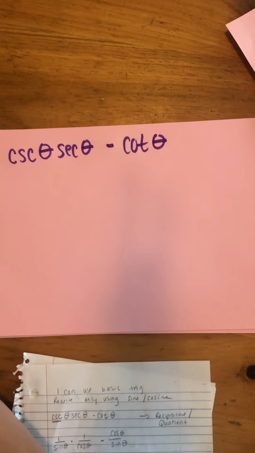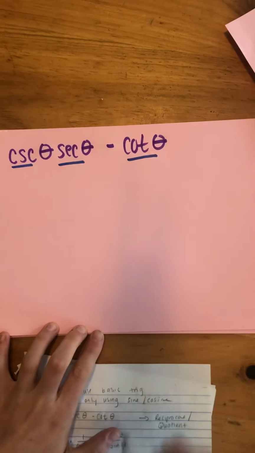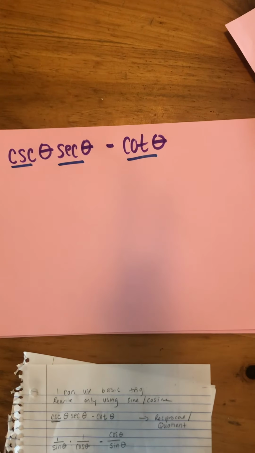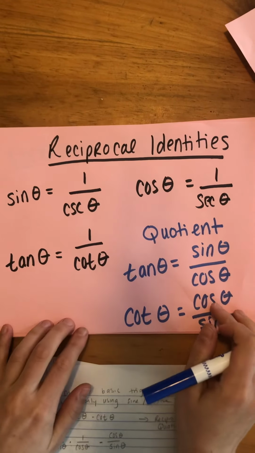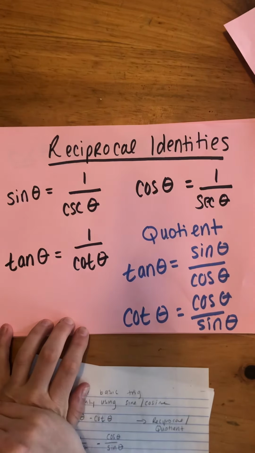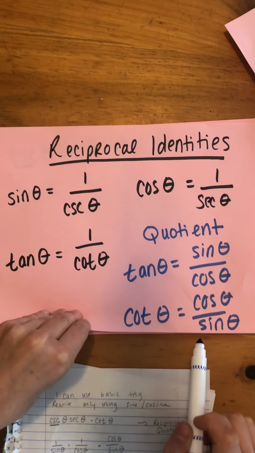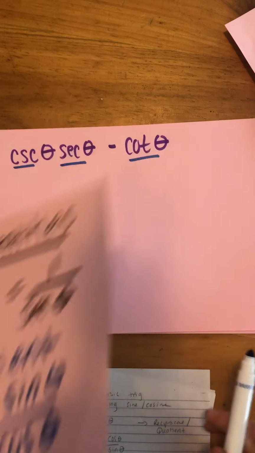All right, well, the first thing we have to do is realize how cosecant, secant, and cotangent are related to sine and cosine. In this case, we're going to use our reciprocal identities and our quotient identities. We know that cosecant and sine are reciprocals, secant and cosine are reciprocals, and cotangent is cosine over sine. So we're going to use those rules to rewrite this.